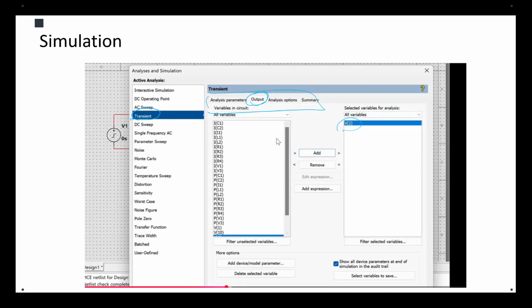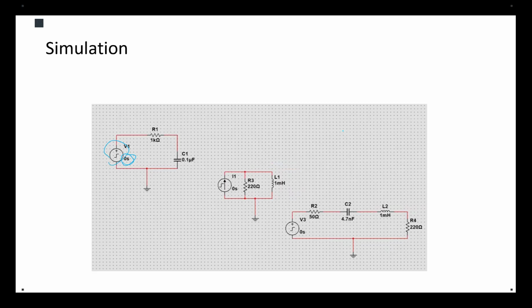If you double click on the wires, you can see the node's name. For example, if you double click on this wire in this circuit that I drew, this wire is the second node.